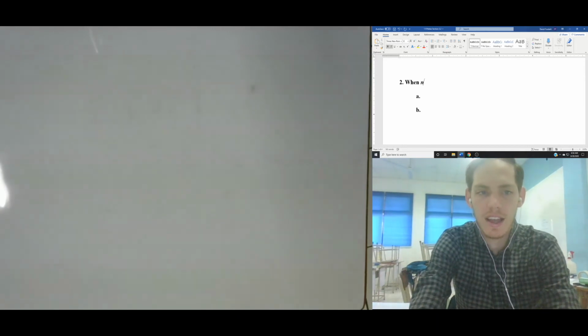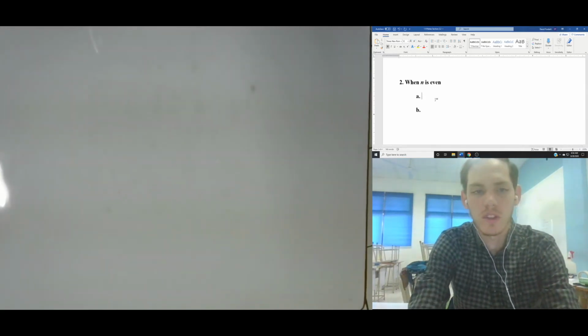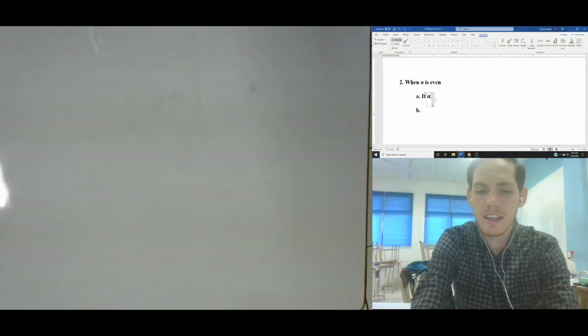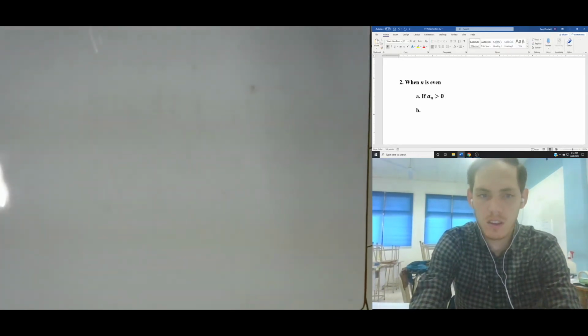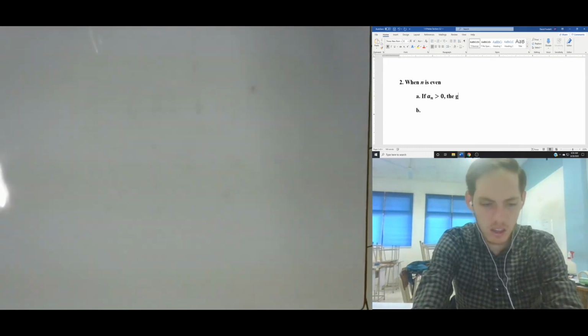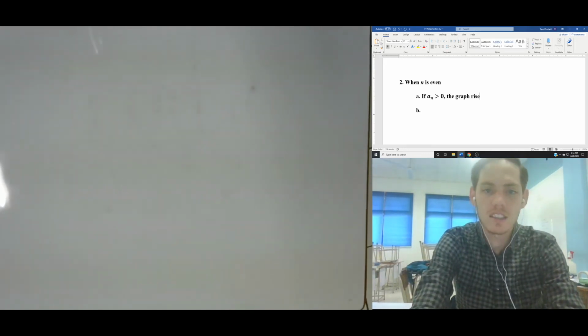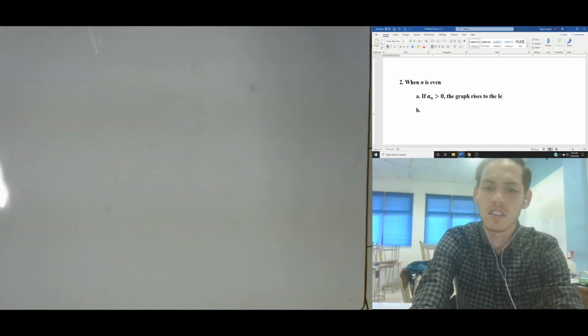When n is even, if a sub n, our leading coefficient, is greater than 0, the graph rises to the left and right.